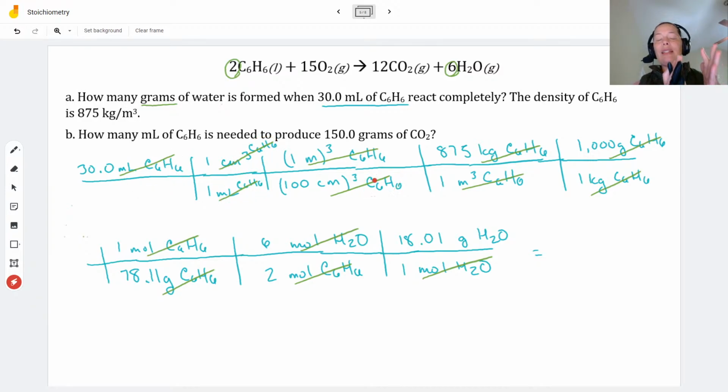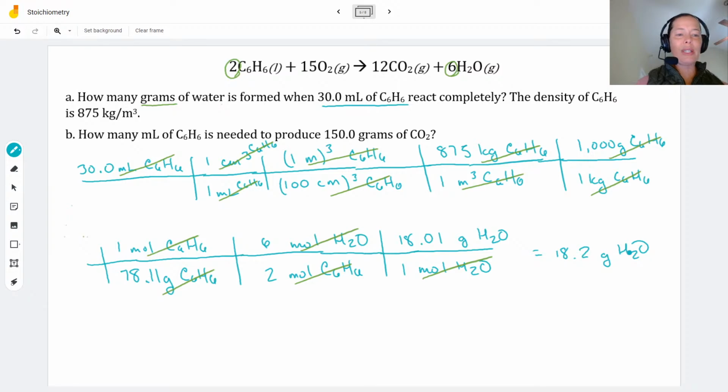I think of it as letting your units lead you. I just worked until I got to the units that I wanted, which were grams of water. Okay, so when we do this calculation, we get 18.2 grams of water are formed. Okay, that's fantastic. Let's go on to part B.